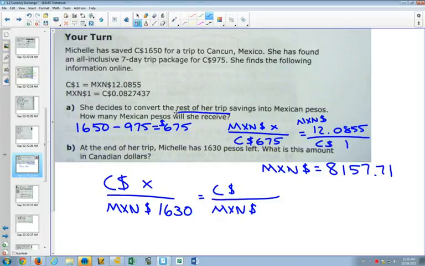So I'm going to use the other one this time. 0.0827437 is 1 Mexican peso. And then when you multiply both sides, did you get how much? $134.87. That is correct. Excellent.